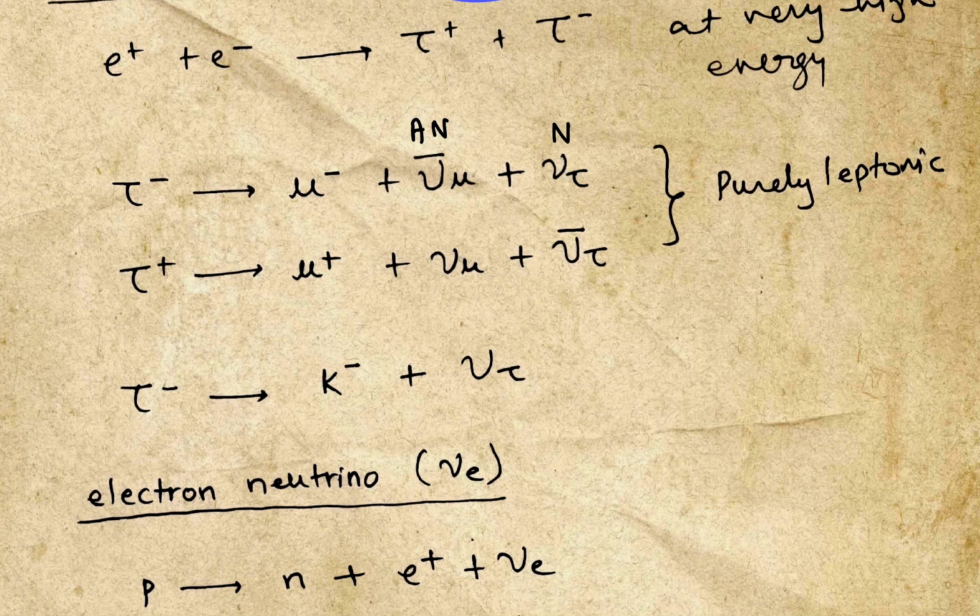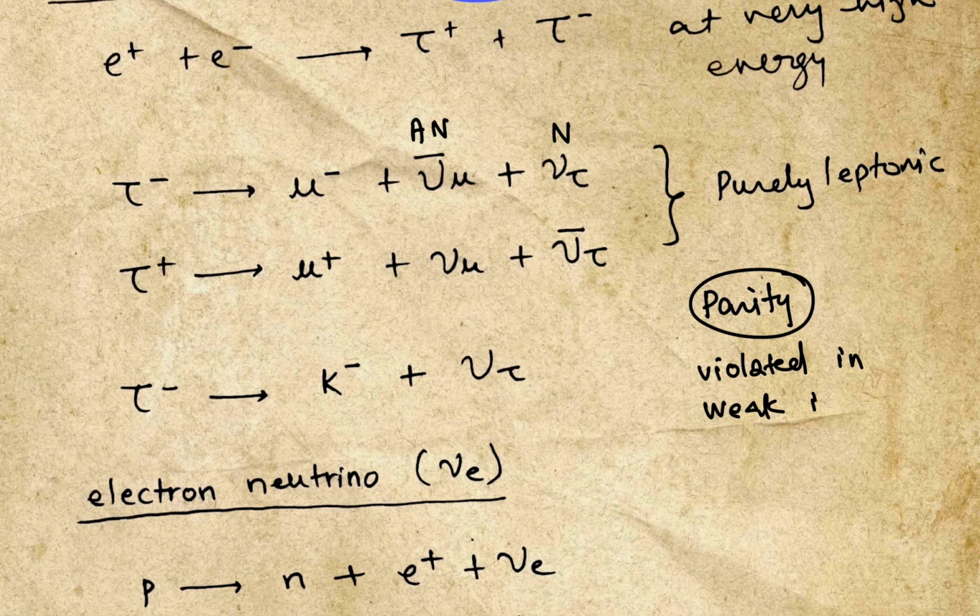But something will happen only in strong or electromagnetic. For example, one such example we have already learned, that is parity. Okay, we have done it already in nuclear physics. That is, parity is violated in weak interaction. Violated in weak interaction means parity is applicable only in strong interaction.